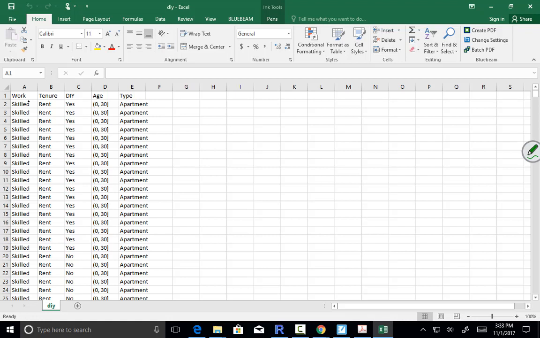But presumably, flipping burgers is an unskilled job, and carpentry and medicine and such are skilled jobs. We have a variable called tenure that is about whether you rent or own your home. We have a variable called DIY, and this is an internal designation for customers.